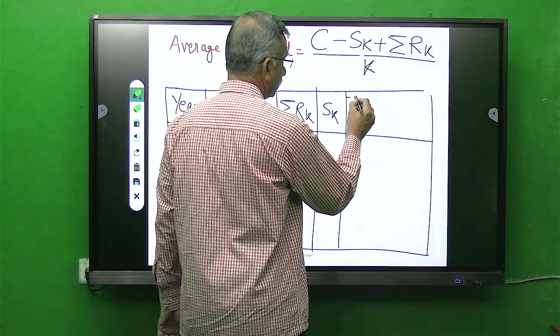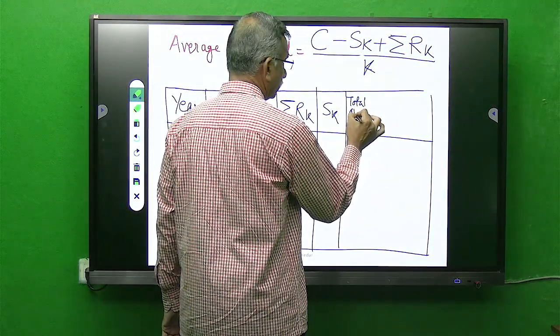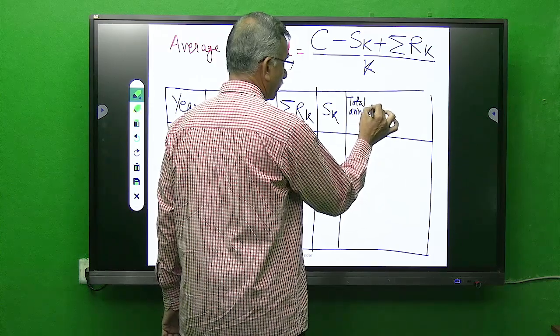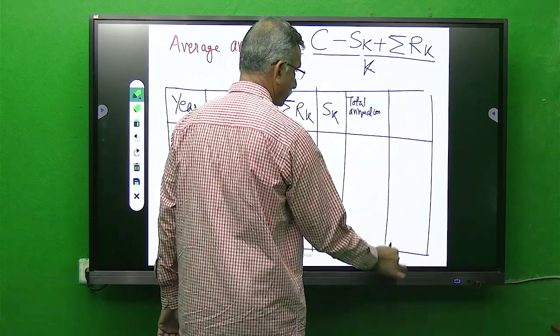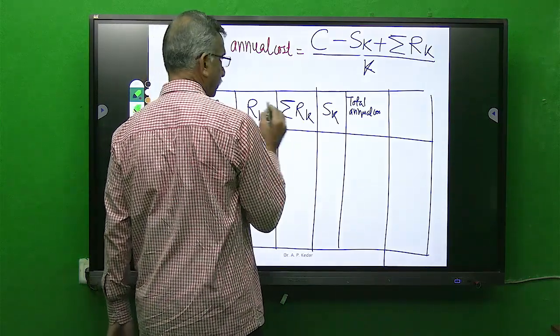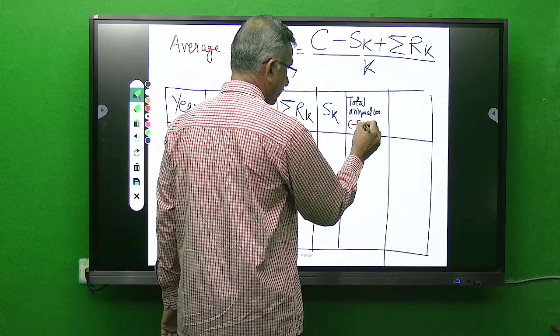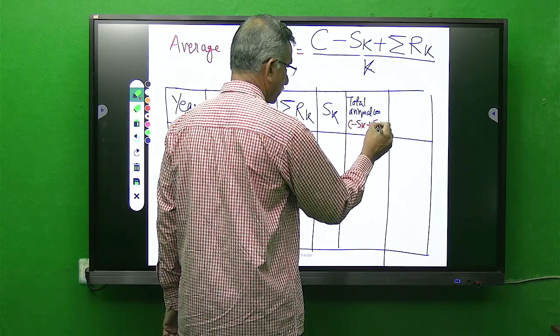We'll find total annual cost. The formula for total annual cost, you know, C minus SK plus summation RK.